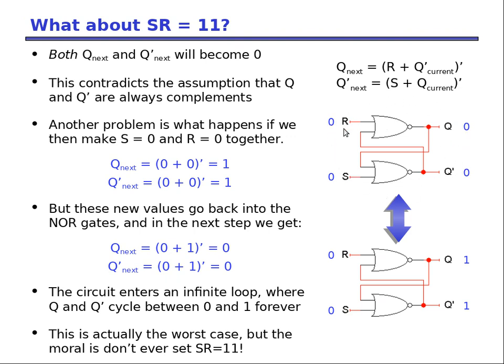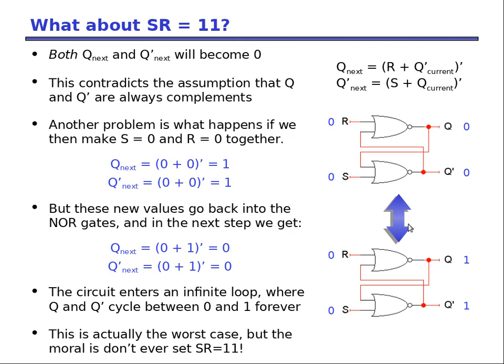But now we have an interesting situation, because if after doing 1, 1, we then try and hold the value to 0, 0, then we're going to get 0 or 0, nodding that is 1, because R and S, we set them both to 0, and the previous state was both Q not and Q to be 0. So that evaluates both of these to 0, which makes them both not, and then Q next and Q not next is 1.